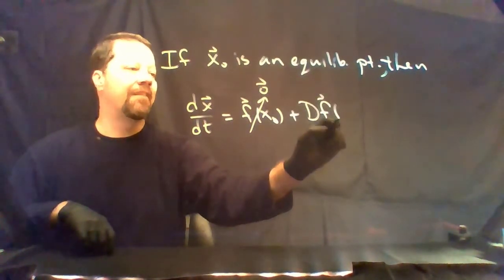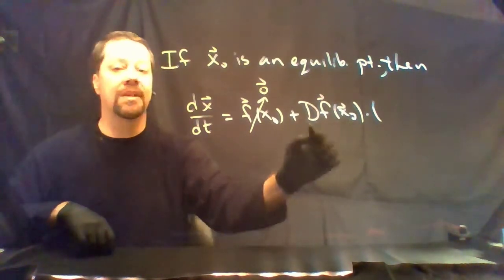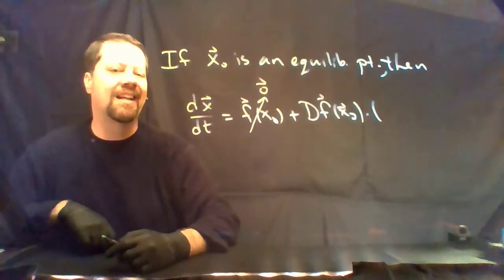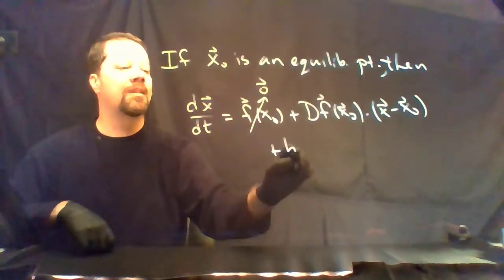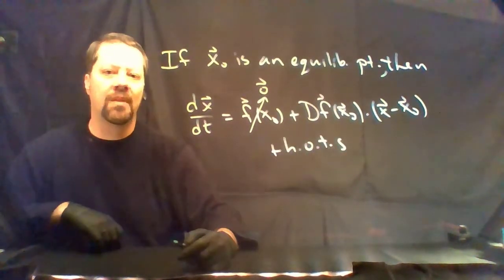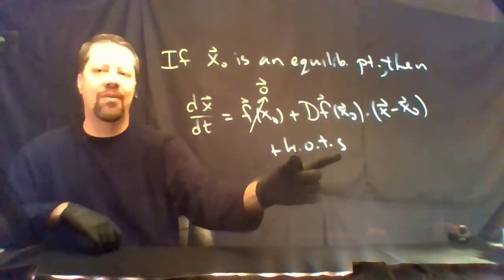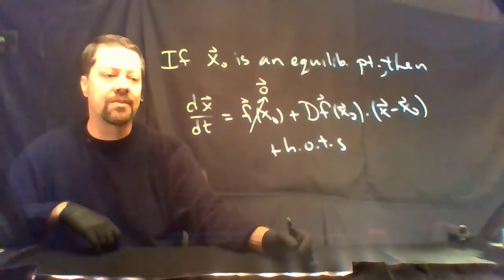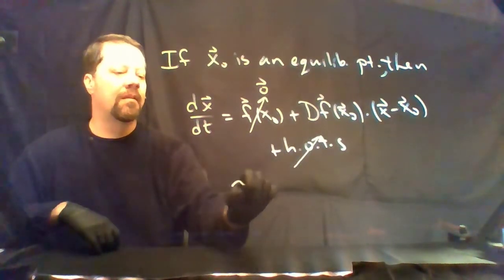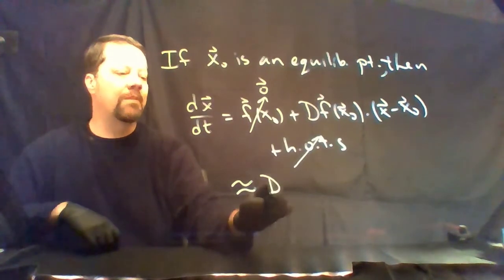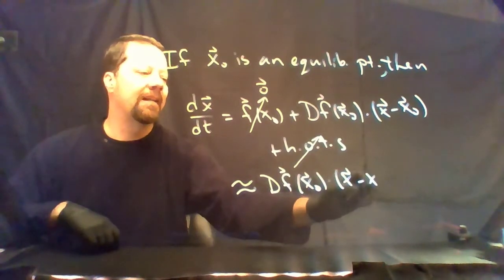You'll have df at x naught as a matrix times, it's a matrix evaluated at a particular point, making it a constant matrix, times x minus x naught plus higher order terms. We're going to assume that the distance between x and x naught is so small that the higher order terms involving squares of those coordinates will be so small as to be negligible. Our original derivative then will only be approximately equal to df of x naught times x minus x naught.